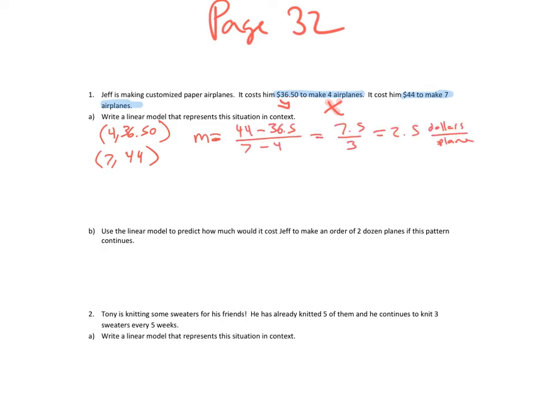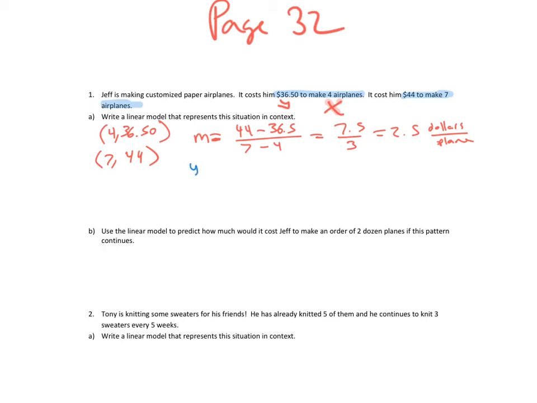Okay, so you should have gotten $2.50 per plane. You do the y minus y over x minus x, and you end up with 7.5 over 3, which is 2.5. And we know that the 44 and the 36.50 are dollars, and the number of planes is on the bottom, so it's $2.50 per plane. So that's our slope, and we have points to use, so we can use point-slope form.